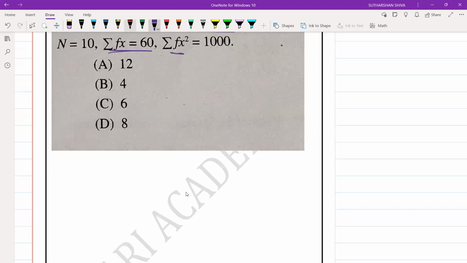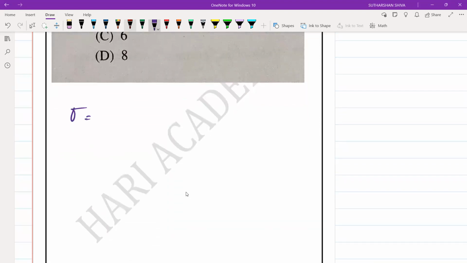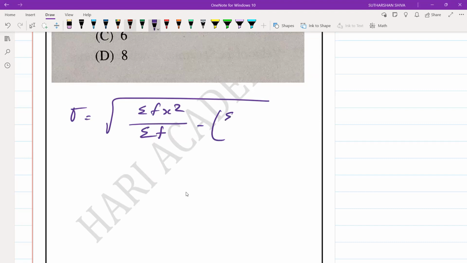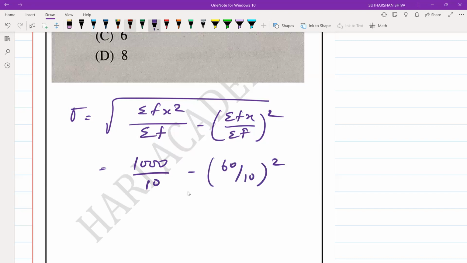Now coming to 27, easiest question, standard deviation, where this formula they have given. For that, we have a direct formula. Standard deviation is equal to root of summation fx square divided by summation f, minus summation fx divided by summation f, whole square. Now, I simply put the values: 1000 divided by 10 minus 60 divided by 10, the whole square.